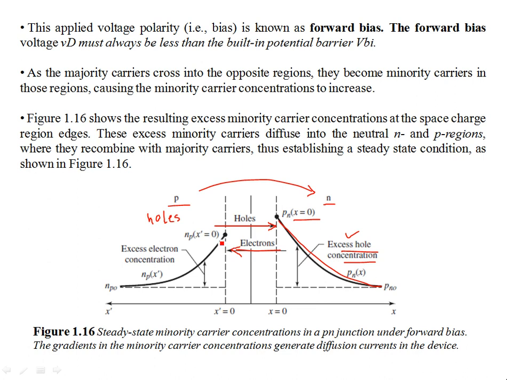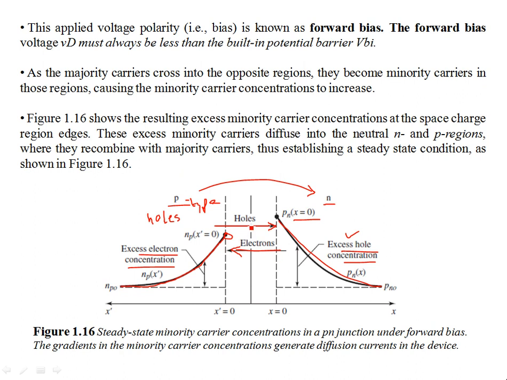A similar situation happens on the p-type semiconductor region. The diffused electrons which have crossed from N to P region create an excess electron concentration which might recombine with some of the holes which are majority, and then the concentration tends to fall and the equilibrium conditions are again maintained.